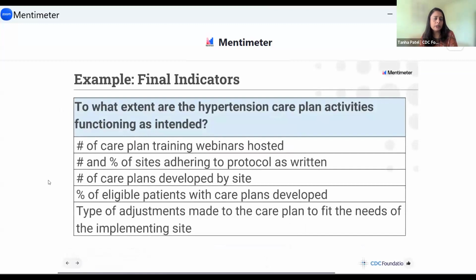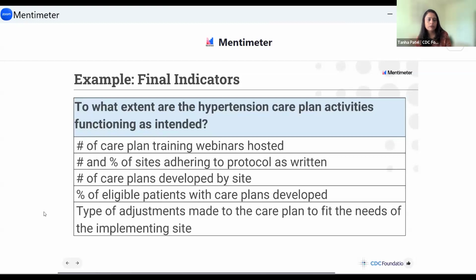So a few indicators that we've come up with on our end for this particular question of the extent to which hypertension care plan activities are being implemented as intended. We have number of care plan training webinars hosted, number and percentage of sites adhering to the protocol as written, number of care plans developed by a site, and percentage of eligible patients with care plans developed.